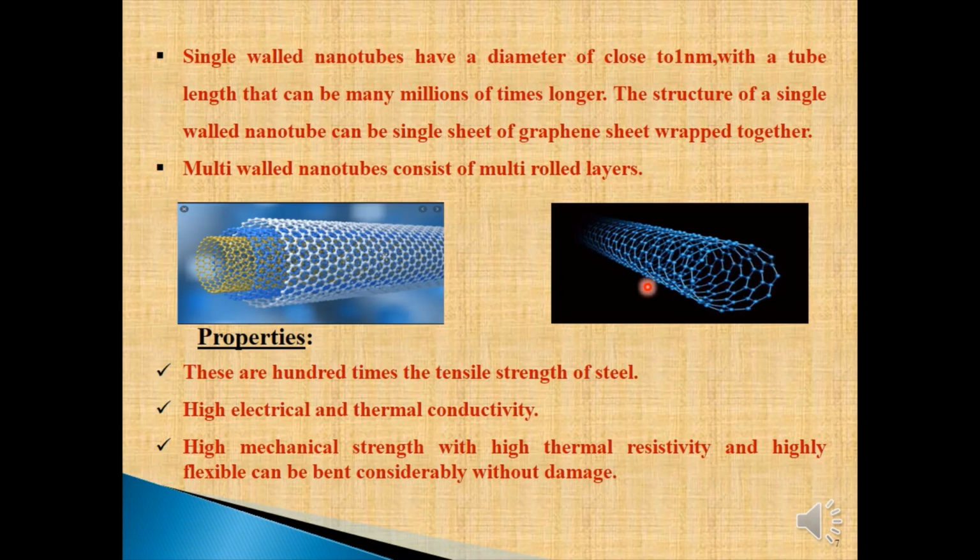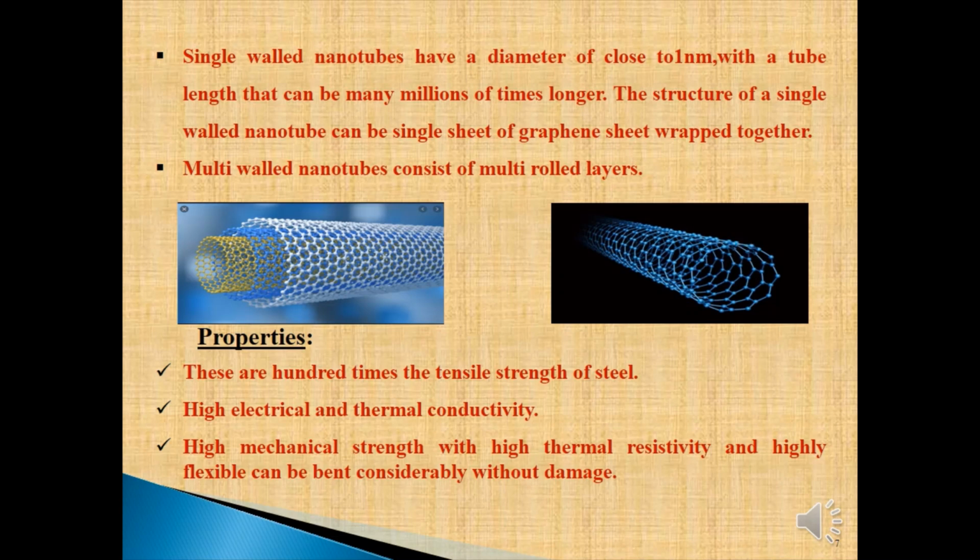The structure of a single-wall nanotube is a single graphene sheet wrapped together, whereas multi-wall nanotubes consist of multiple rolled layers. You can see in the below diagram the multiple rolled layers of multi-wall nanotubes, whereas the single-wall nanotube consists of a single sheet of graphene wrapped together.